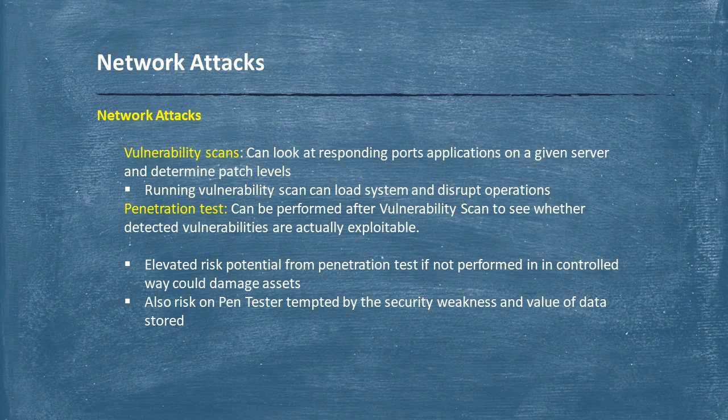So the attacker can exploit those vulnerabilities. That is why they will always look for the patch levels and the server details. Running a vulnerability scan loads the system and can disrupt operations.